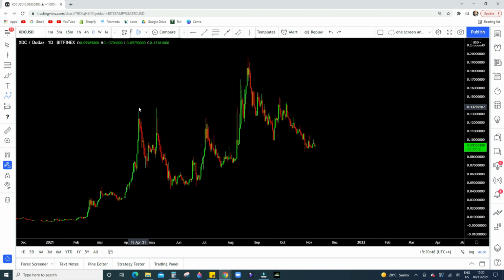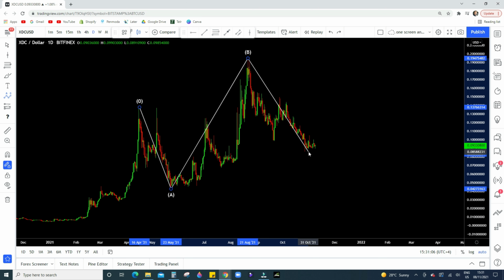It started in April when the price hit the 13 cents price point. So the correction had its initial impulse down from this point all the way to this low, and this piece all the way up was the middle of the overall correction, and now we're in the third piece of this overall correction.